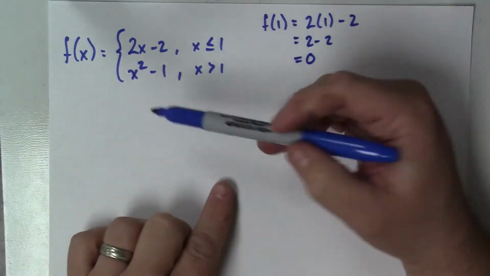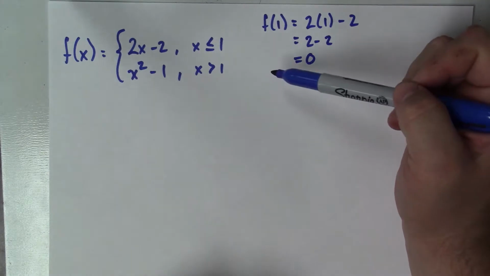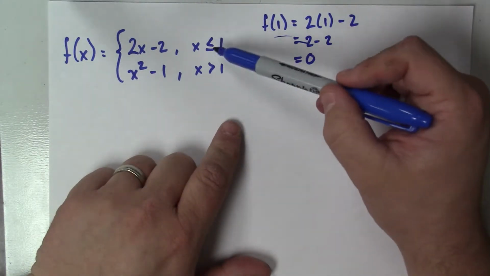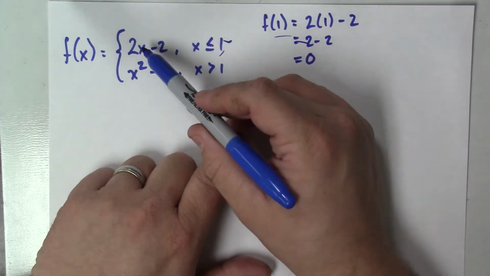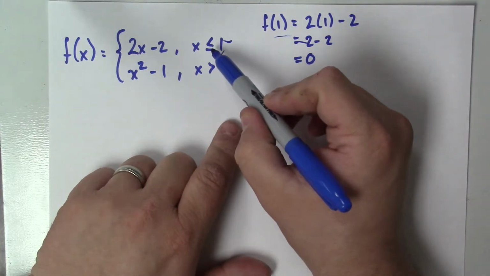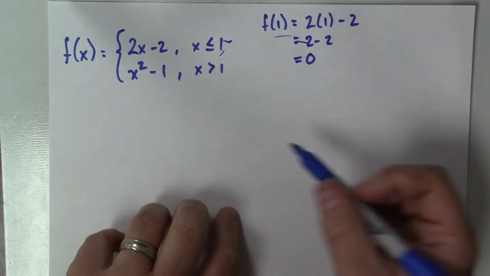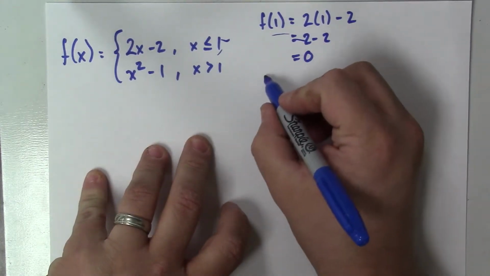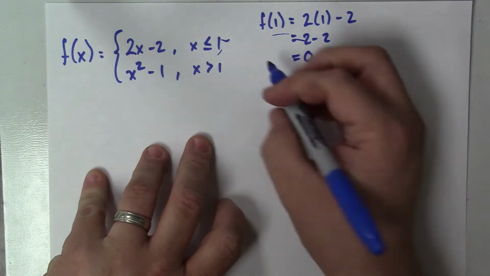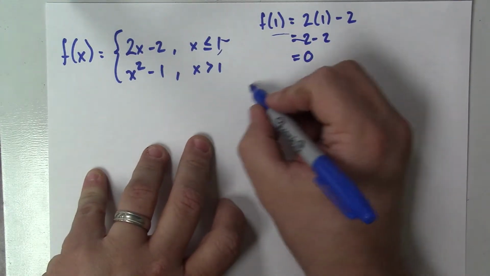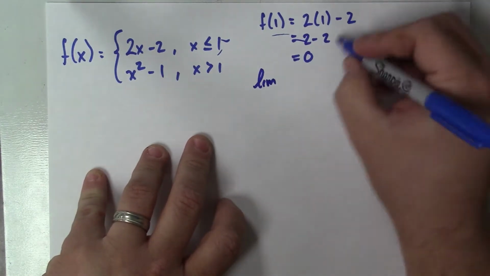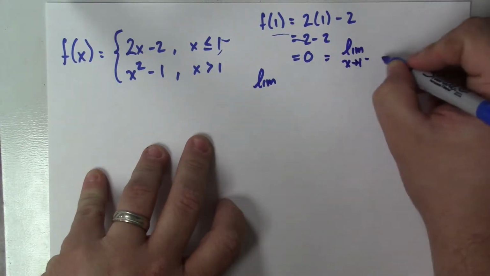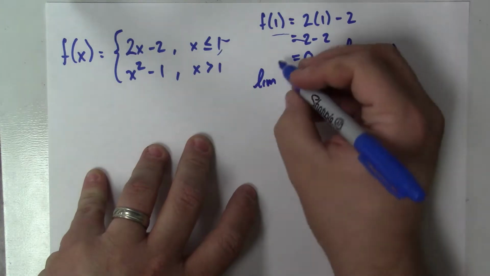And what I need to see is whether the limit from the left and from the right are the same. Please note that I'm using 1 because that's where we're looking, but I'm using this rule because it says less than or equal to here. So when I plug in 1 here, do I get 0? Because this is also the limit from the left, I just have to check from the right.